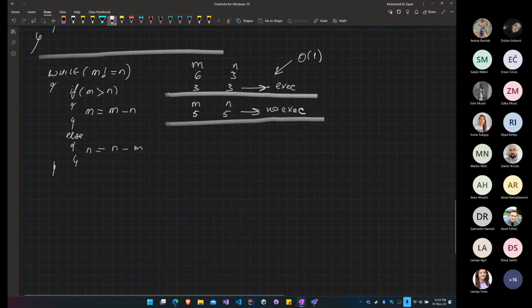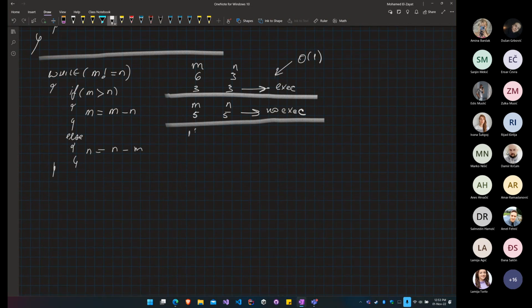Let's say that I plug in 18 and 2. So this one will succeed, right? And then you're going to carry on with the numbers. If this succeeds, then you can start subtracting, m minus n, because m so far is larger than n. So you're going to keep subtracting 2 by 2.